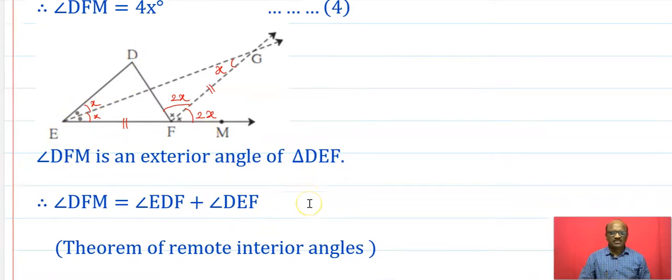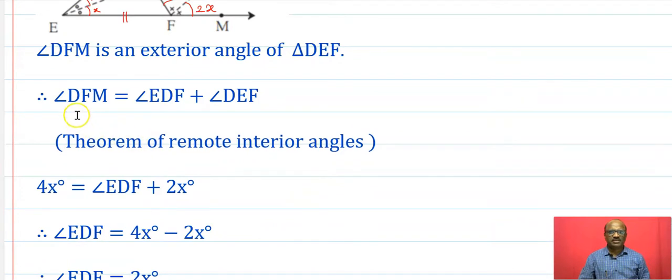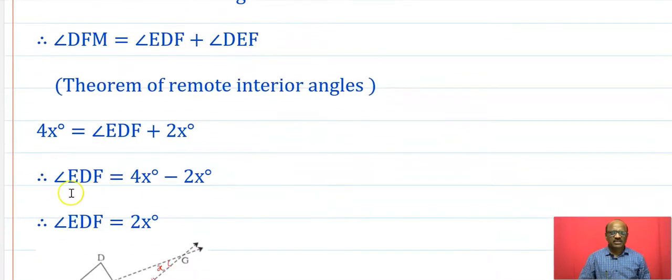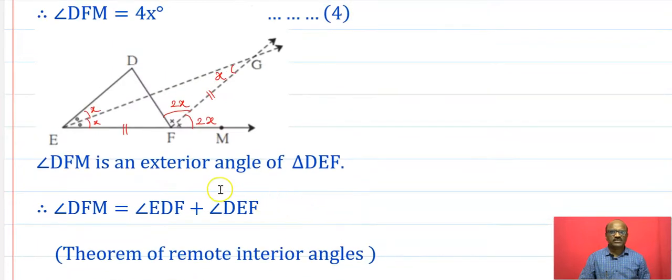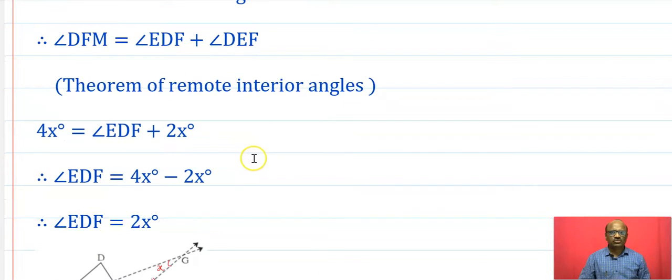That is the remote interior angles theorem. Therefore, DFM is 4x degrees, and DEF is 2x degrees. Therefore, the measure of angle EDF is equal to 4x degrees minus 2x degrees, and therefore the measure of angle EDF is equal to 2x degrees.